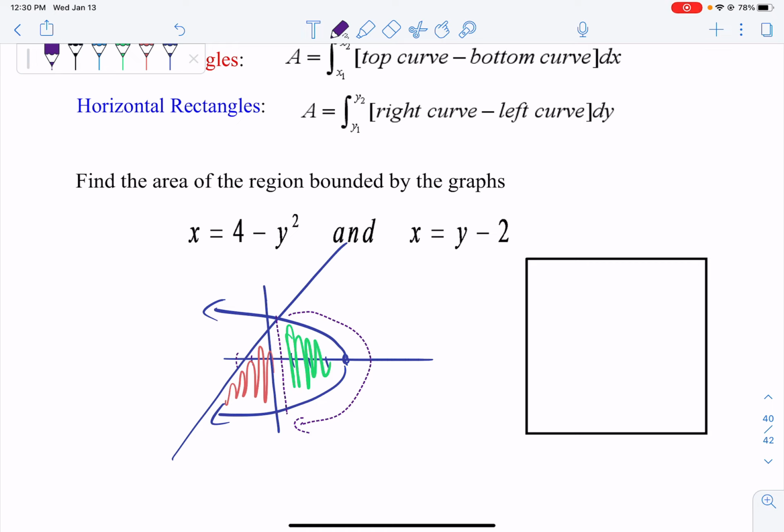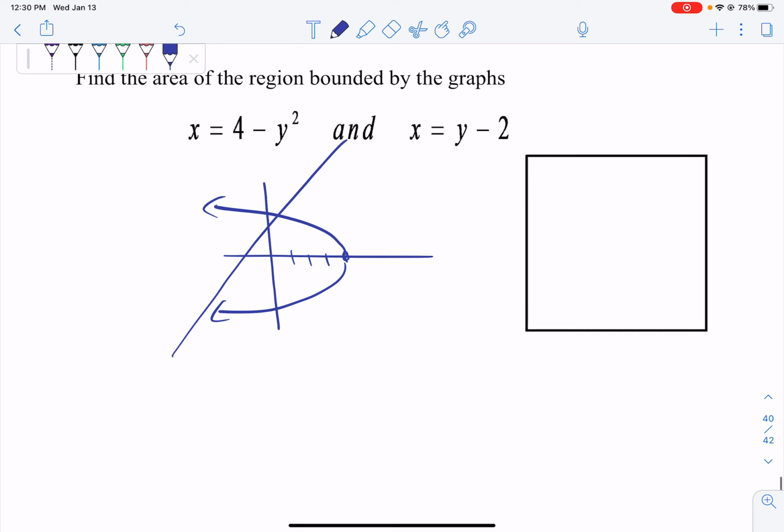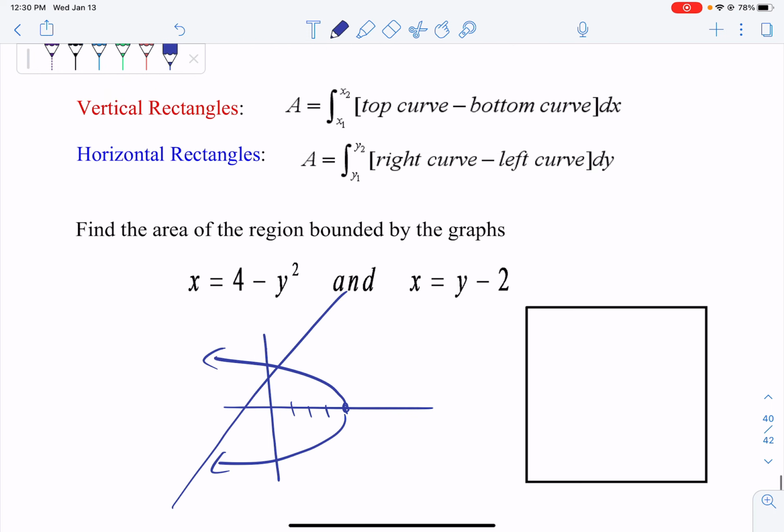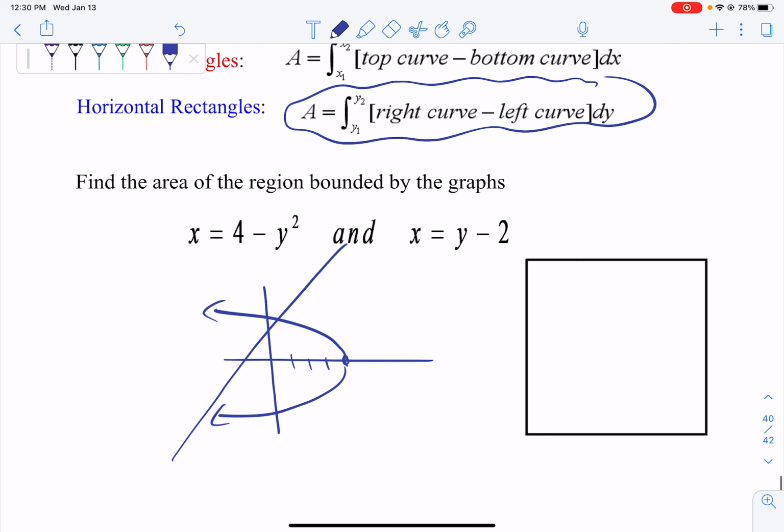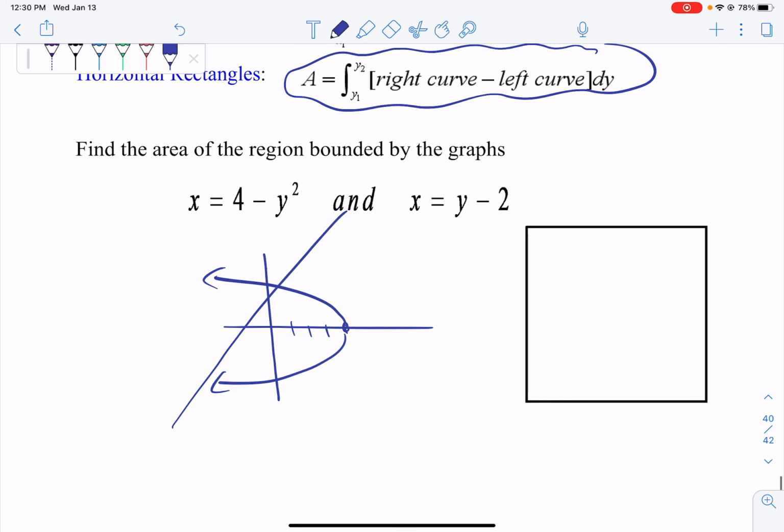It's not bounded. So basically what we're going to do, instead of integrating with respect to x, is integrate with respect to y. Now, when I do that, it gives us a hint right here that we are going to use the right curve first, and then we're going to minus the left curve.